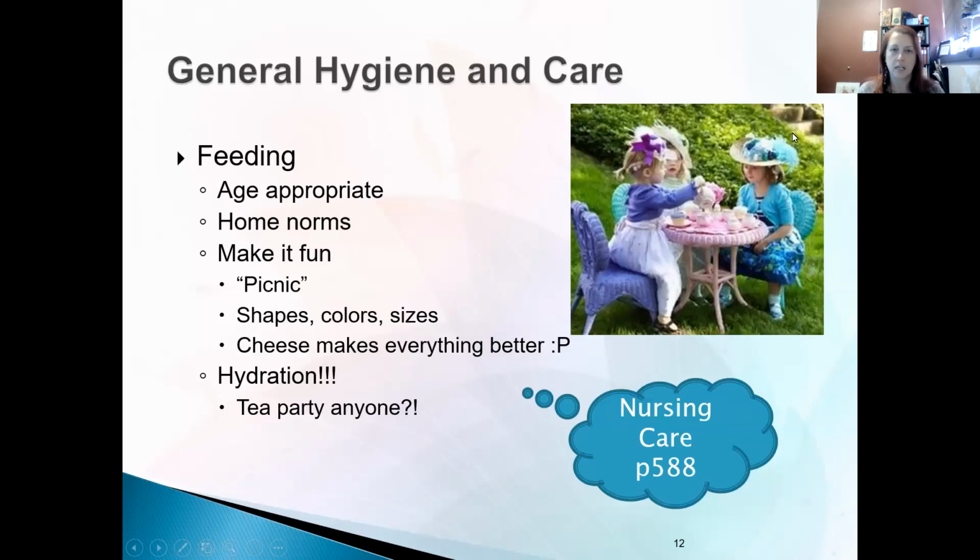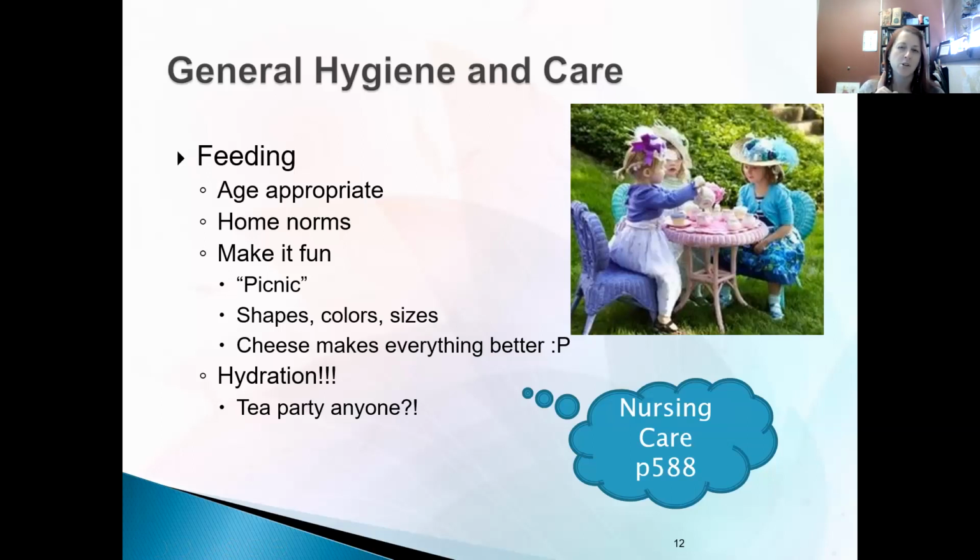We don't have fancy teacups in the hospital setting, but what we do have are those little med cups. You can set them up on the table and put apple juice and Gatorade and some water, different things in the cups, and make a game out of it. Like, oh, let's try this, and stick your pinky out.